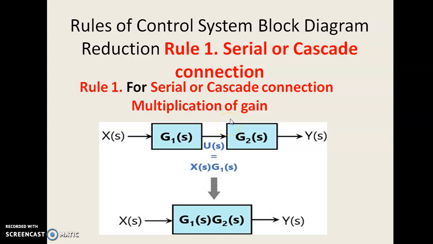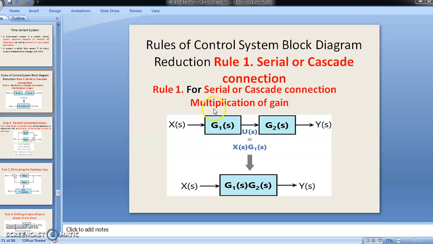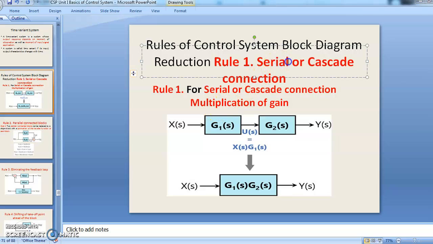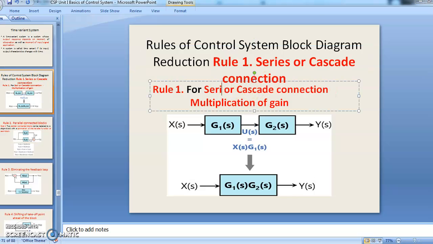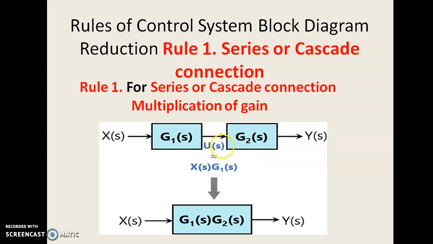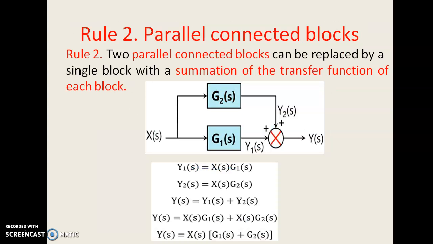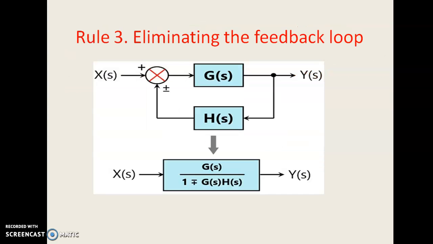We can say serial or series, there is no problem. So in the case of series connection, there is a multiplication of two gains. In the case of parallel connection, there is an addition of two gains.